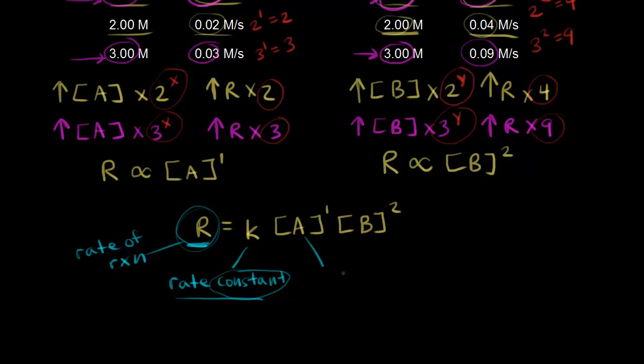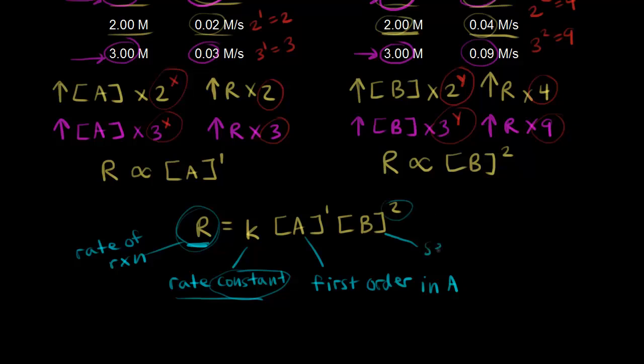Here we have the concentration of A to the first power. We say the reaction is first order in A. And we found that it's second order in B, right? So we had a 2 here.